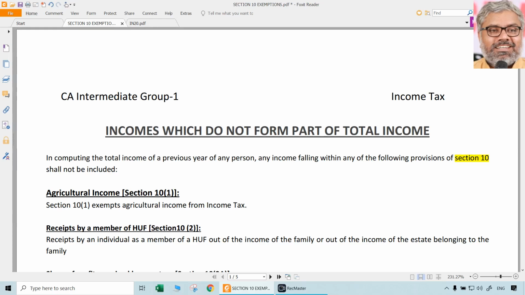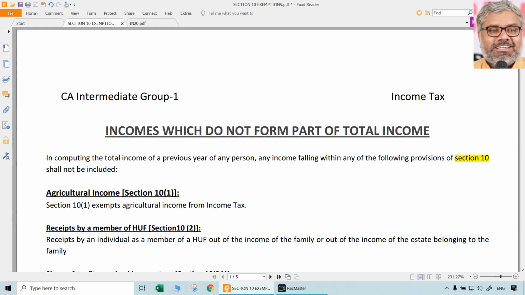Most of these exemptions are covered under respective heads of incomes like salaries or capital gains, etc. But of course, there are certain exemptions which are generic exemptions as well. So let us discuss those types of exemptions in the current session.